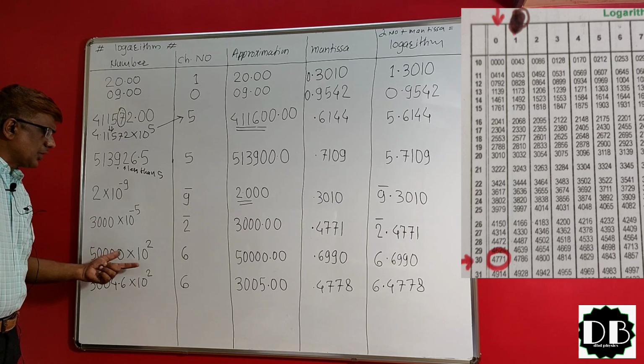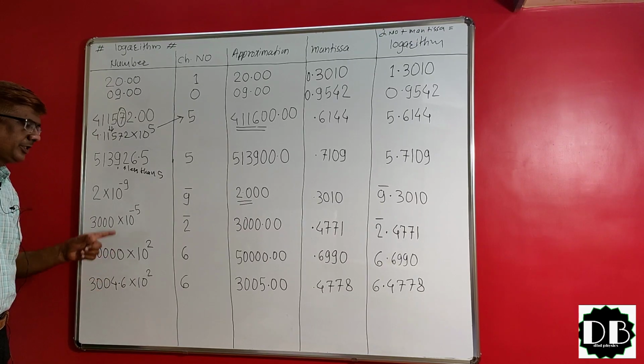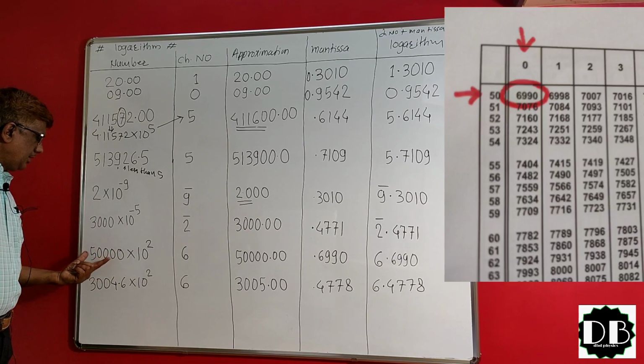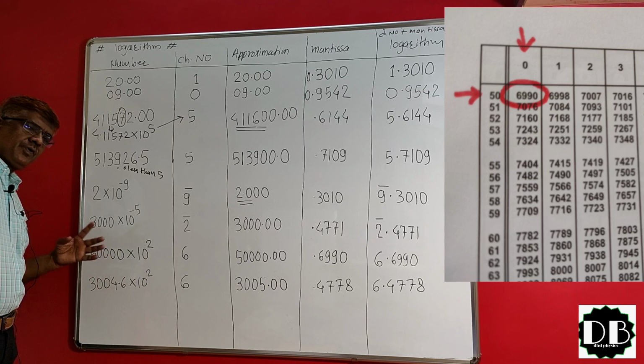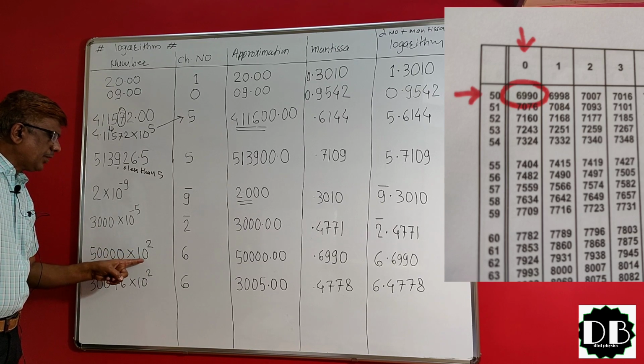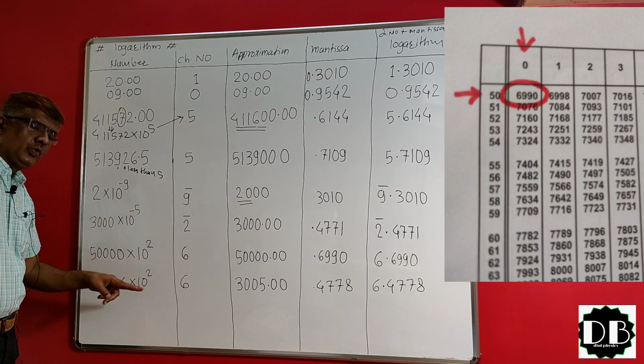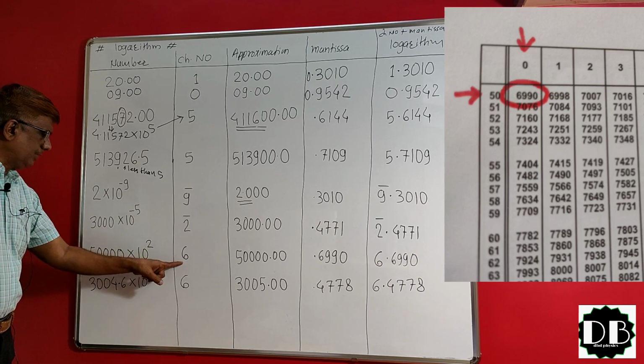After that, 50,000 into 10 raised to 2. Here the character number of this 50,000 is 4 and character number for 10 raised to 2 is already 2. 4 plus 2, character number is 6.